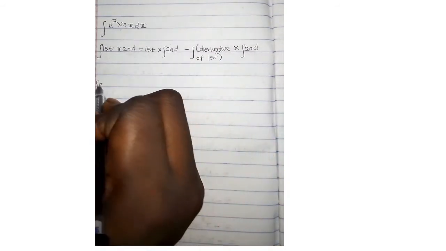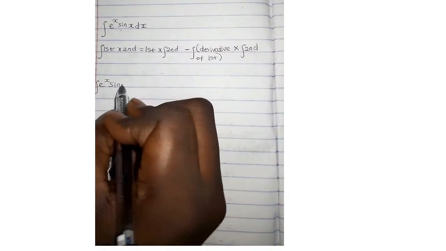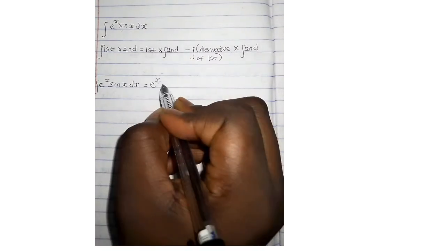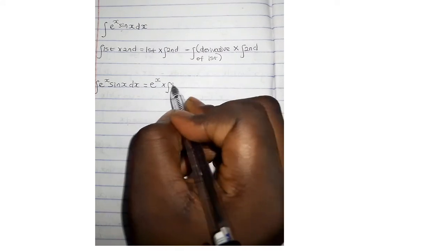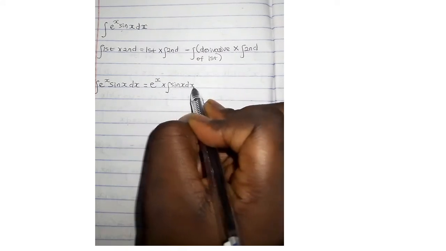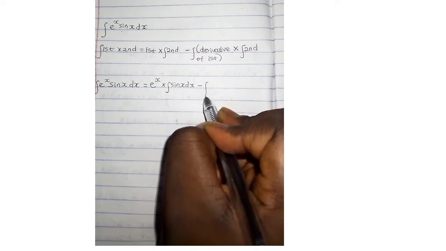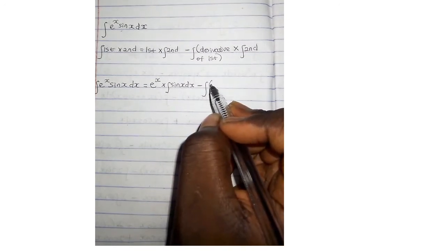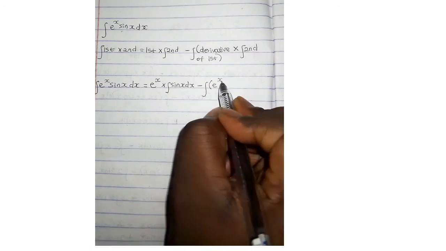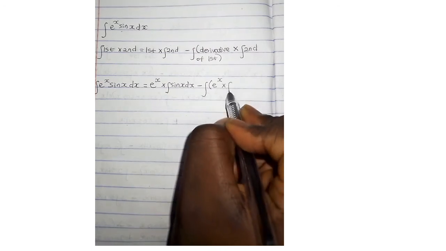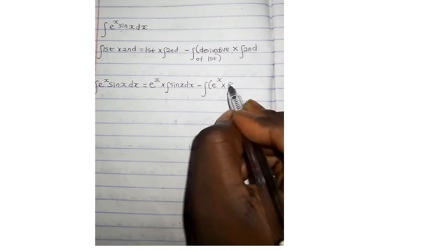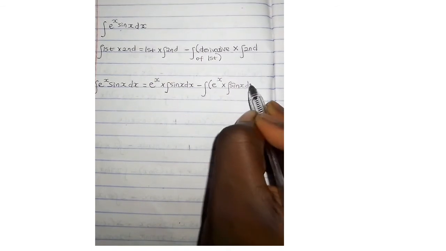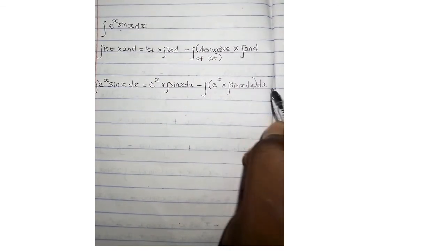So we're going to have here the integral of exponential x sine x dx is equal to the first is giving us exponential x, multiplying the integral of the second, which is sine x dx, subtracting the integral of the derivative of the first, which is exponential x. That is, when you differentiate exponential x, we're going to have exponential x multiplying the integral of the second, which is sine x dx, all into dx.